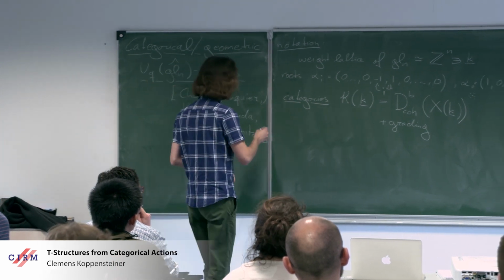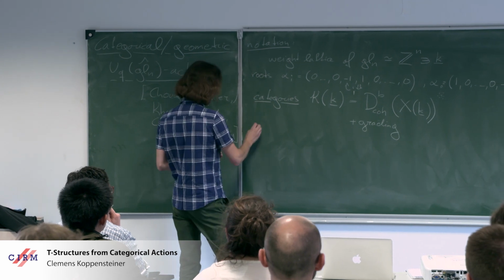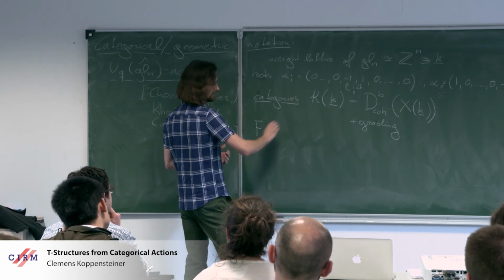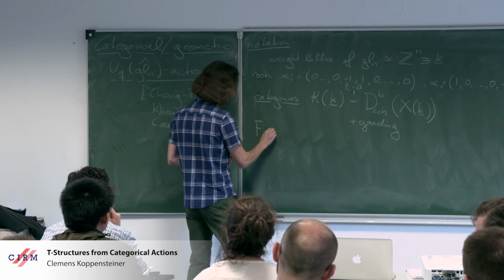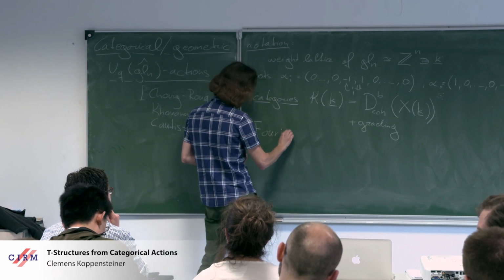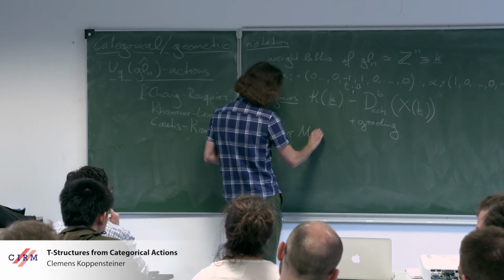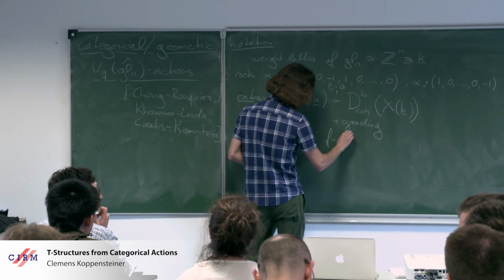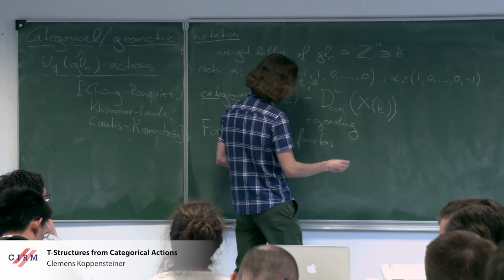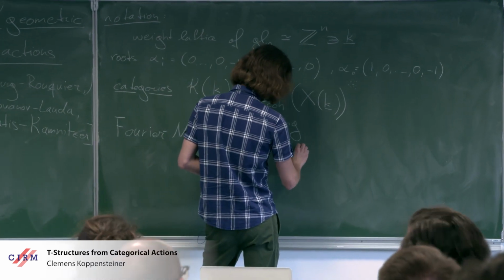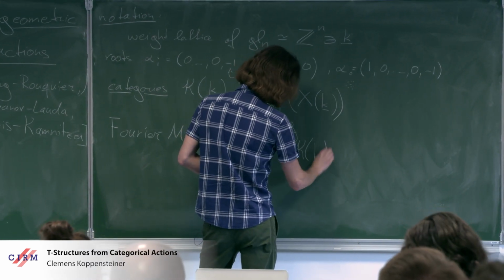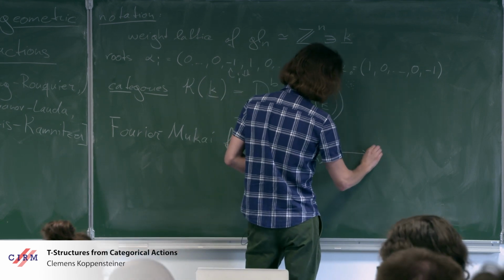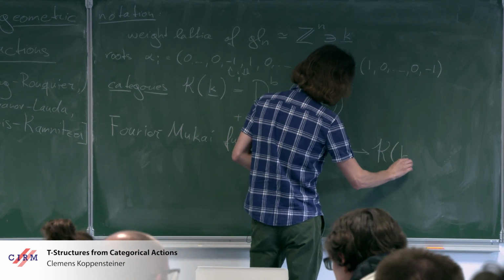You have the same thing here. Instead, now there will be functors. And I'll again specify them to the geometric setup, so I'll have Fourier-Mukai functors going from one category to the category k plus a root.